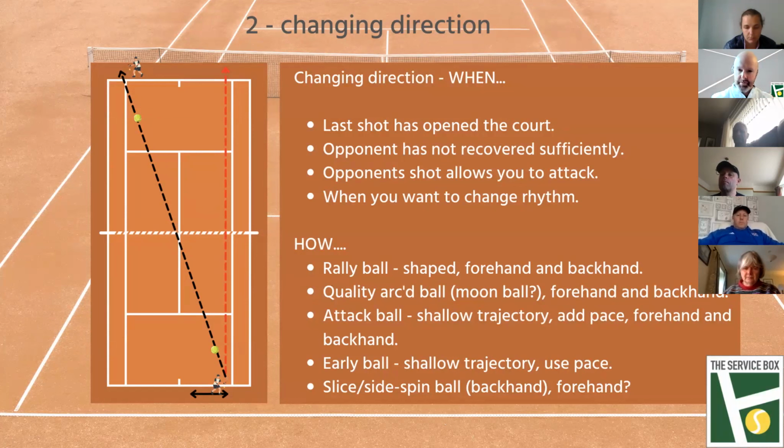If you reflect on some of your younger players, maybe 12 and under players, they probably either change direction too soon, or they change direction only when it's very obvious. So if you think of the skill of changing direction, not just the tactical aspect that we're talking about here, it's a great thing to focus on with your players at any age and stage.